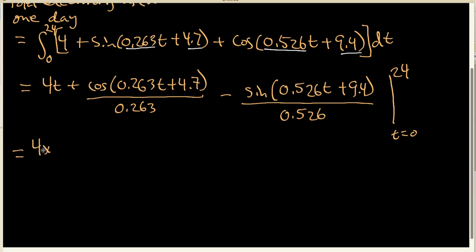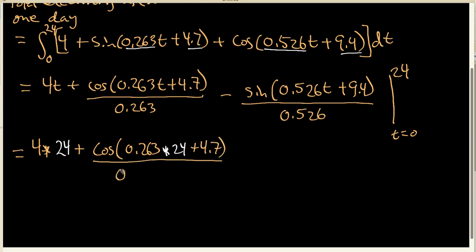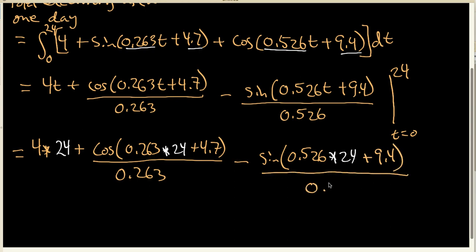So we are going to have 4 times 24 plus cosine of 0.263 times 24 plus that 4.7, and then we need to divide that by 0.263, and then we're going to do minus the sine of 0.526 times 24 plus 9.4, all divided by this number here.